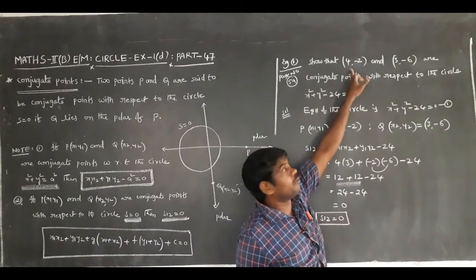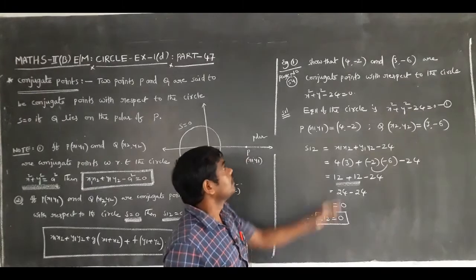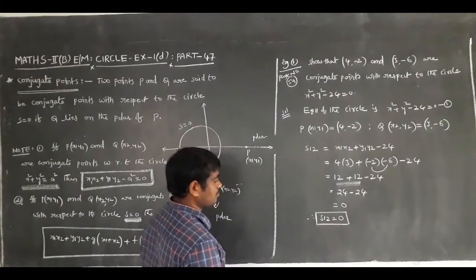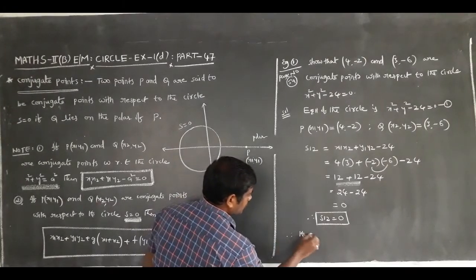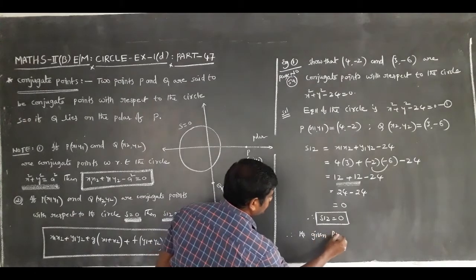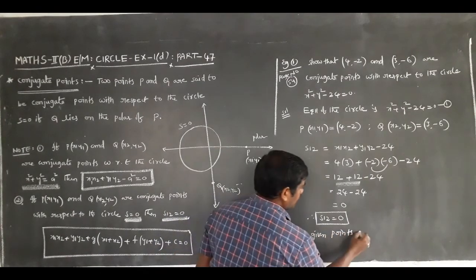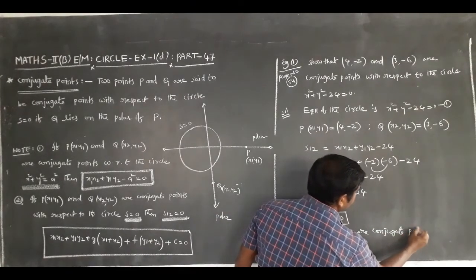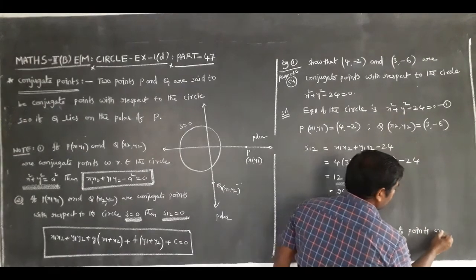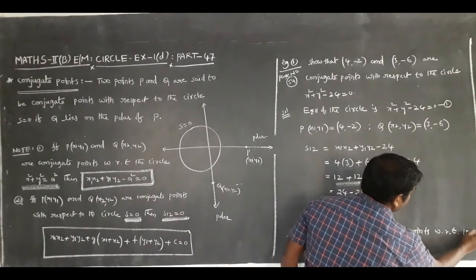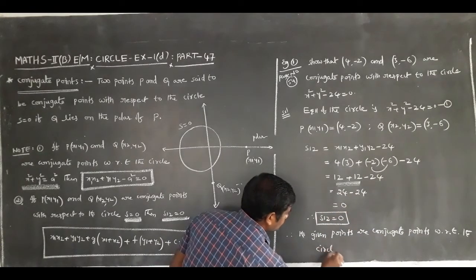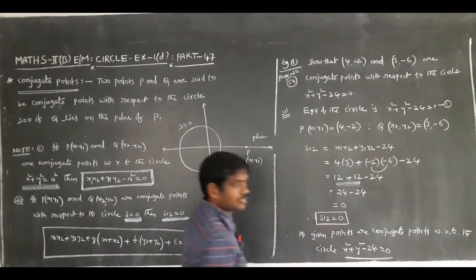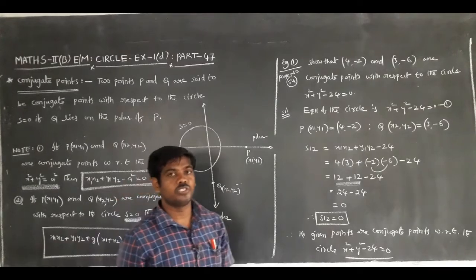Therefore, the given points are conjugate points with respect to the circle x² + y² - 24 = 0.